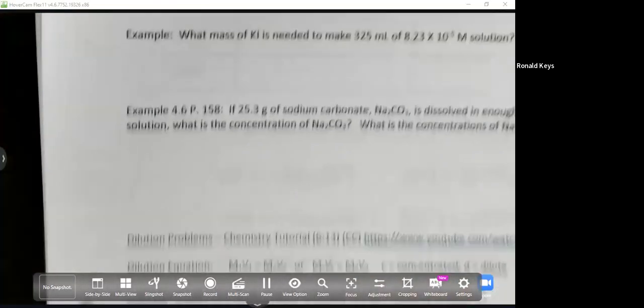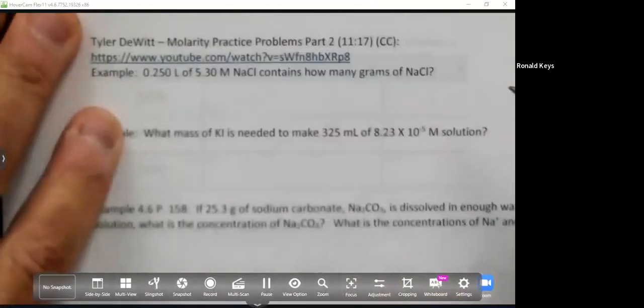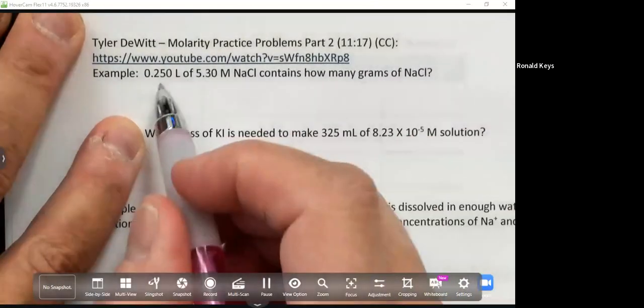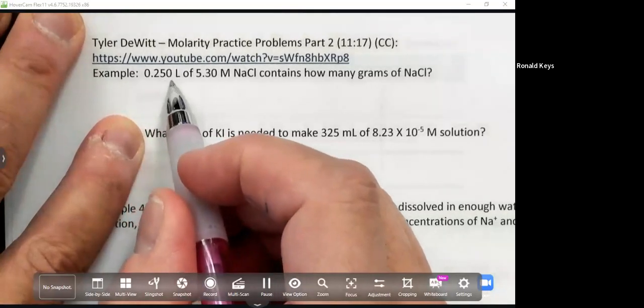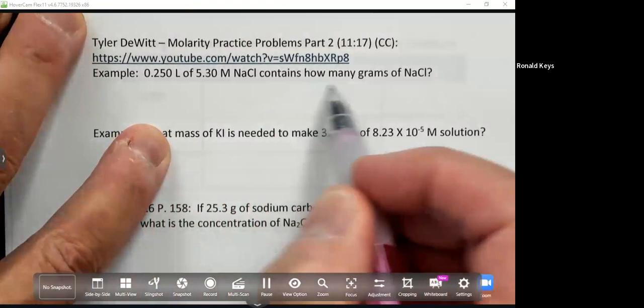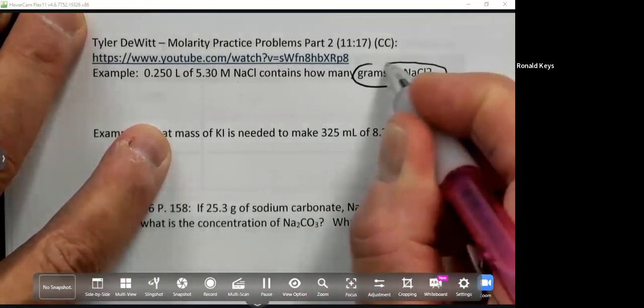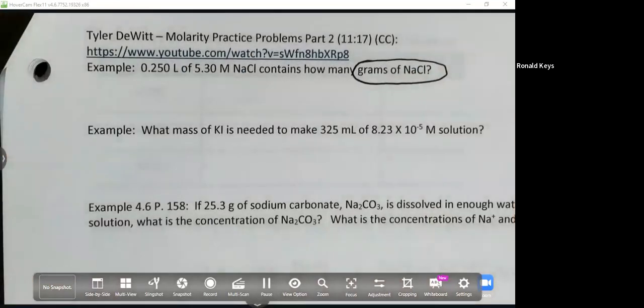All right, let's do some molarity examples here at the top of page 9. So it wants 0.250 liters of solution of 5.3 molarity NaCl contains how many grams of NaCl? Now, we're not going to memorize this stuff.